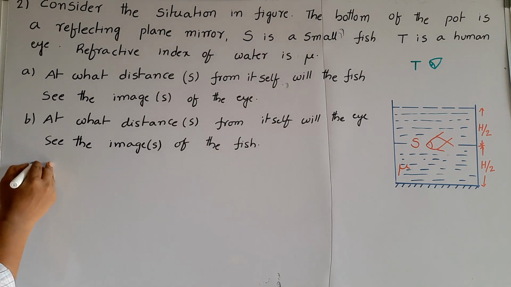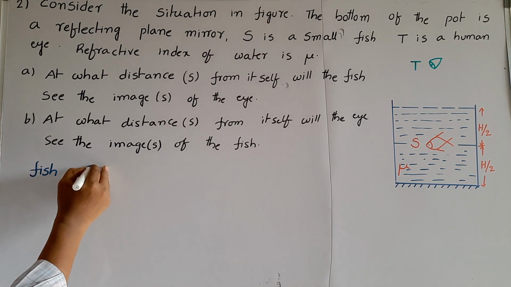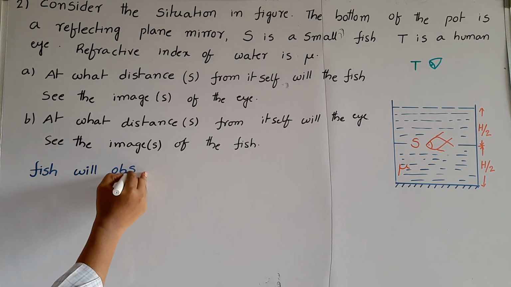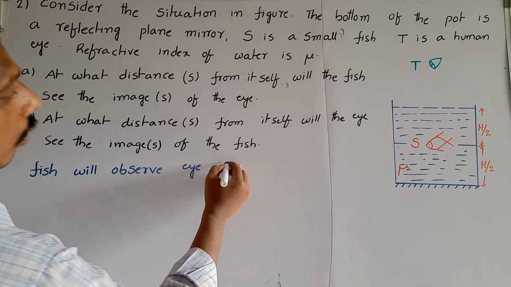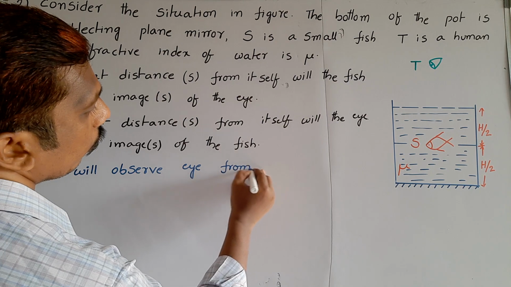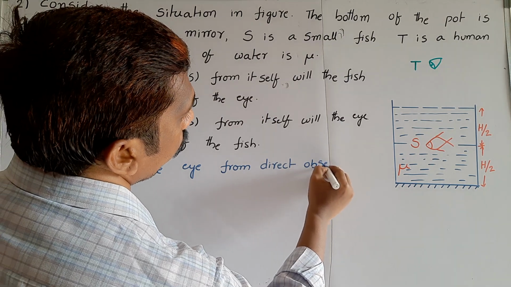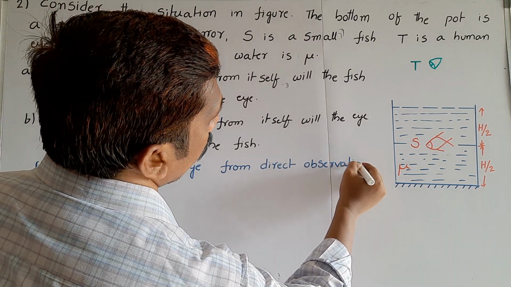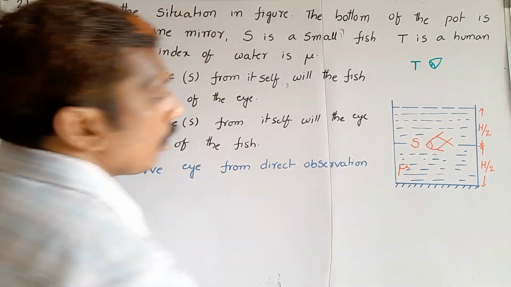First, the fish will observe the eye from direct observation. In this case, first, what is the height of the eye from the surface of the water?